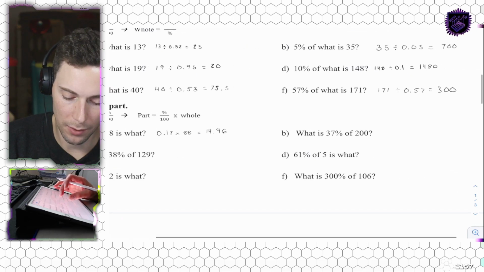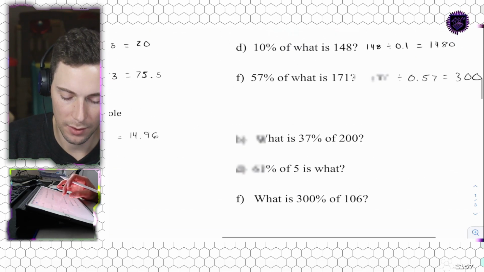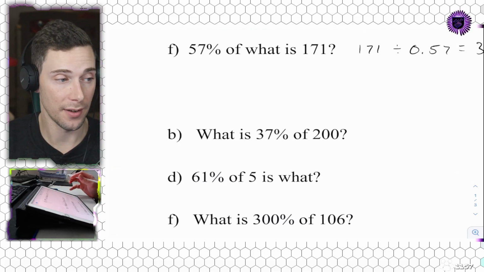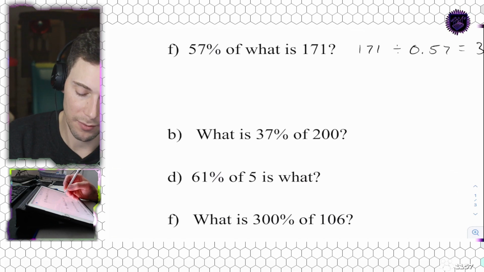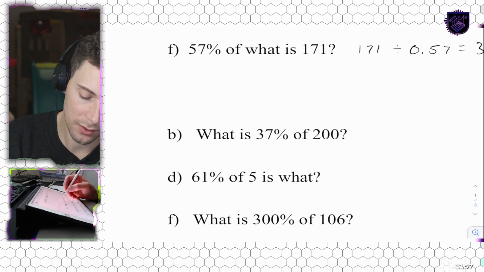Okay, 37% of 200. 37% of 100 would be 37. 37% of 200 would be 74. So let's see.